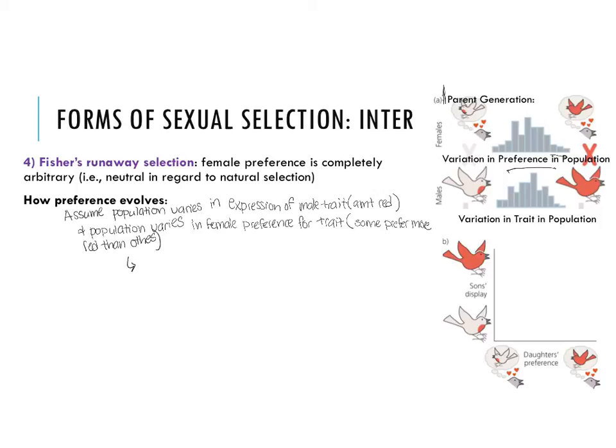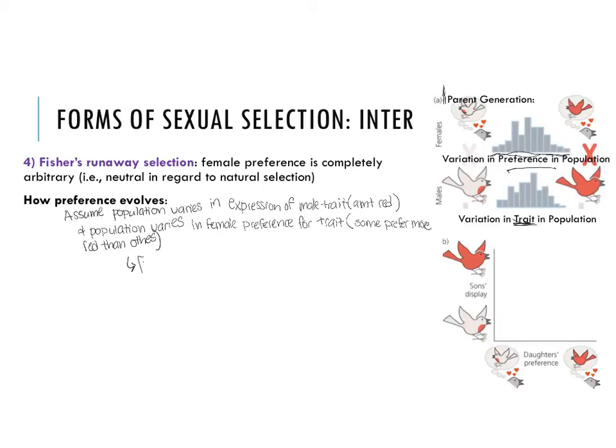And we can see that the majority of females seem to heart an intermediate amount of red. But there's a spread there, right? And then if you go down one, and we're looking now at the males in this population, we see there's variation in the trait. So variation in the preference and variation in the trait. There are males with very little red and males with a lot of red.